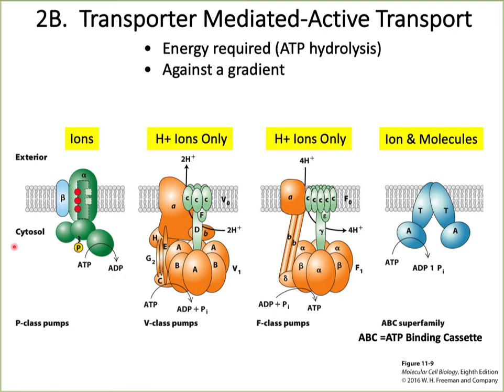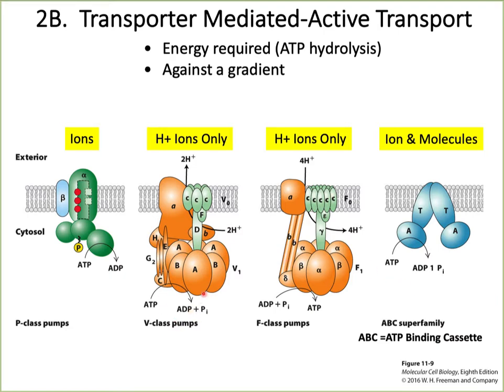Another large class of pumps are the V and the F class pumps. We are not going to consider in detail these pumps in this course, but just have a brief overview of their function. In general, both V and F class pumps are responsible for moving hydrogen ions or protons across membranes against a concentration gradient, and they do not have phosphoprotein intermediates like P-class pumps.